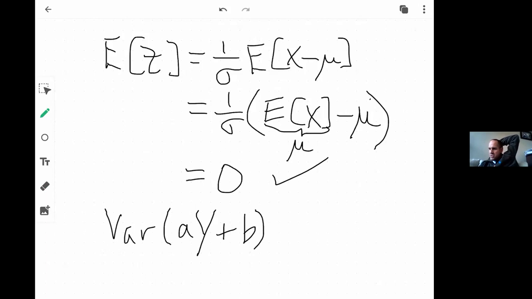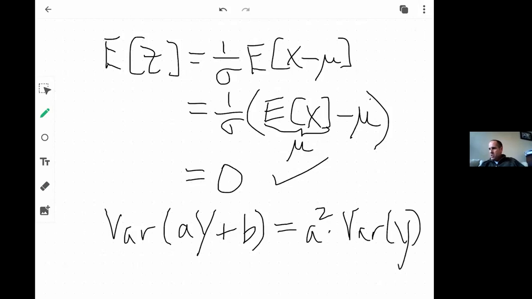Remember, multiplying the random variable Y by a, and the reason I'm using Y is because I've already used up X, I'm just wanting to remind you of this formula. What happens with a, though? Well, that actually scales the variance by the square of a. So this is a squared times the variance of the original random variable Y, okay? So you will recall that formula.